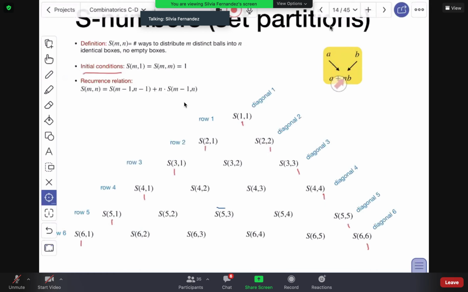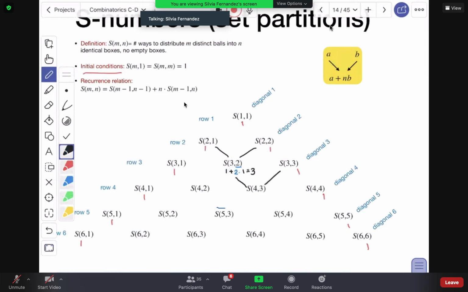Okay? So, for example, if you wanted to get this entry, the S32, the usual Pascal triangle would be 1 plus 1. But in this triangle, you're going to have this times 2 in that second term. So this is 3. Make sense? So if you wanted to compute this one, let's say S43, I have the 3 and the 1, so it would be 3 plus 1.